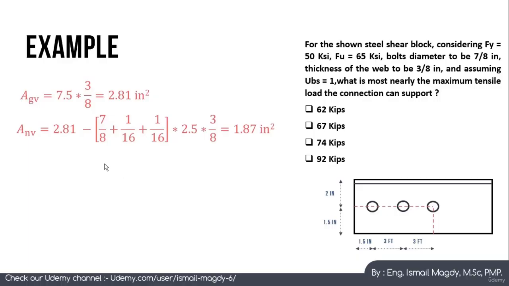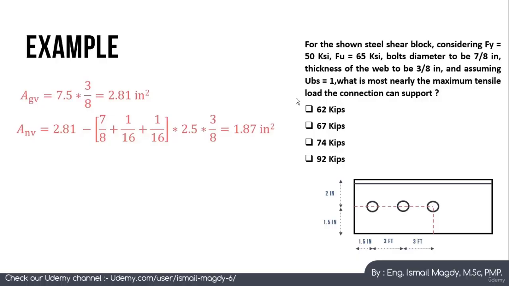The area for the bolts is 7/8, which is the diameter of each bolt, plus 1/16 for the tolerance, plus 1/16 again to compensate for any damage. This is for each bolt, multiplied by 2.5 because we have a full bolt and a half bolt, multiplied by 3/8, the thickness of the web. So the net area for shear is going to be 1.87 square inches.